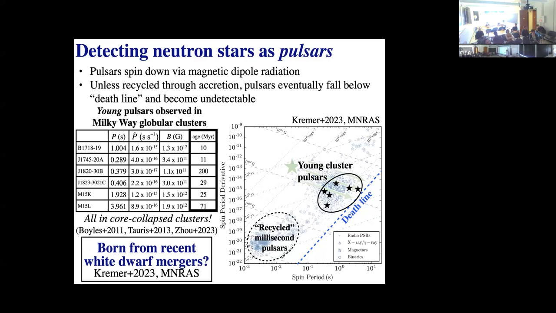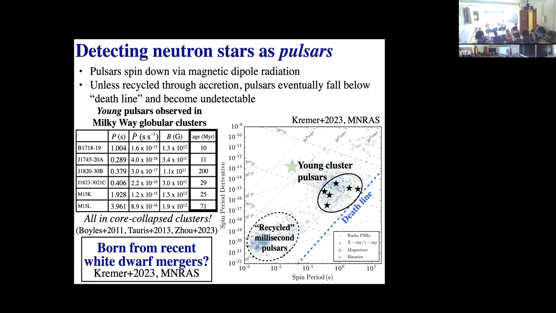Now again, these are really weird because in old populations like globular clusters, we would not expect these pulsars to form because clusters have no massive stars. And all 6 of these objects are found in core collapse globular clusters that, again, we think have ejected all their black holes and eventually have very dense subsystems of white dwarfs and neutron stars.